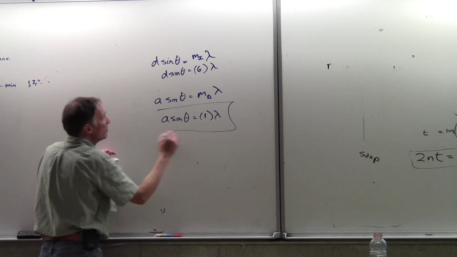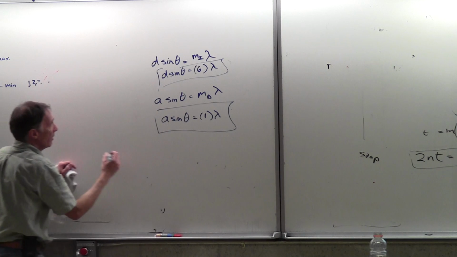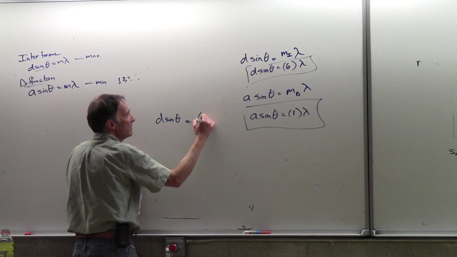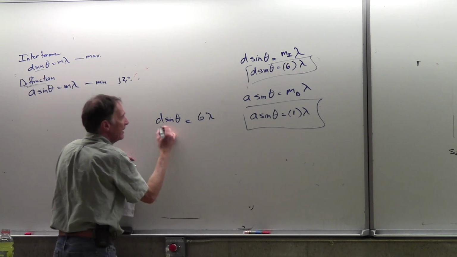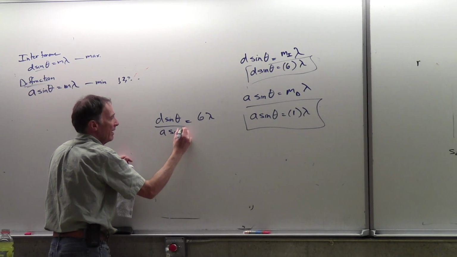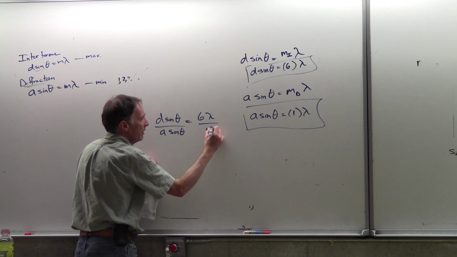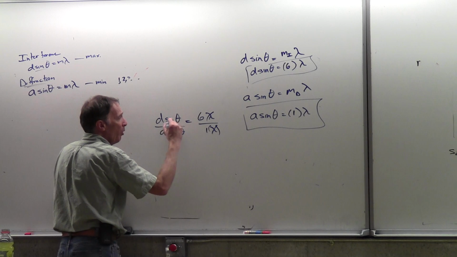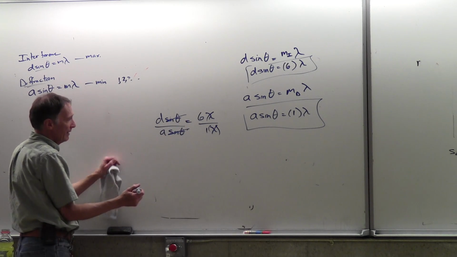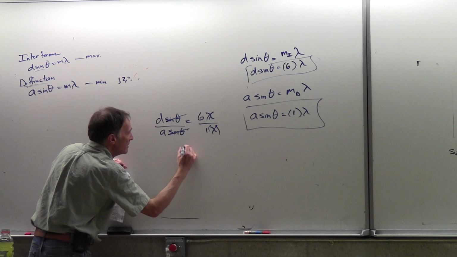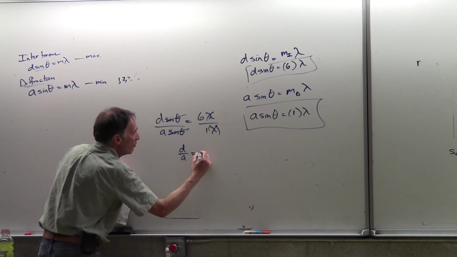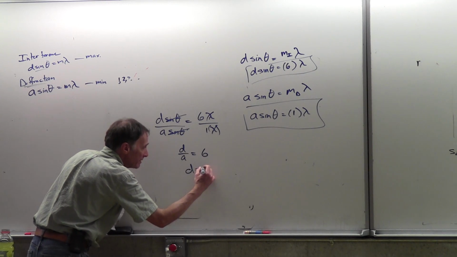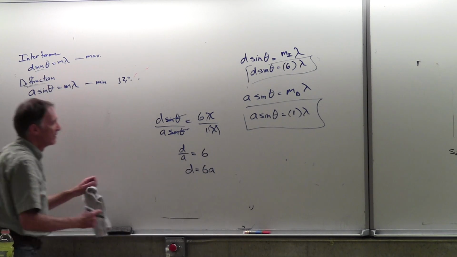I can take these two and form a ratio. d sine theta is equal to 6 lambda, divided by a sine theta is equal to 1 lambda. The lambdas go out. The point on the screen is the same, so the thetas go out. And so I just have d over a is equal to 6. So that tells me the distance between the slits is 6 times the slit width.